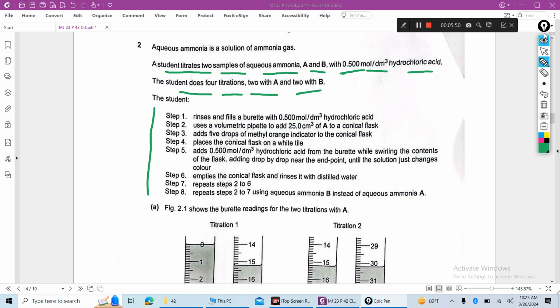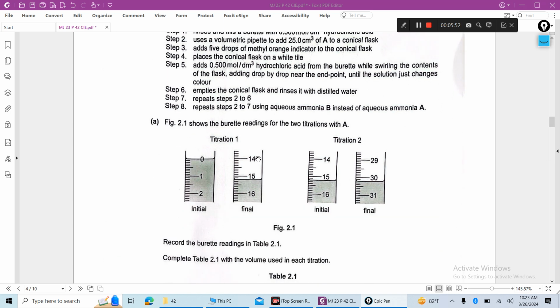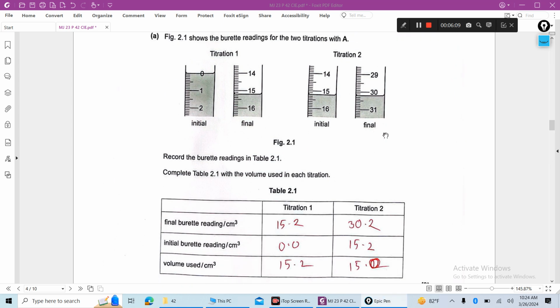Figure 2.1 shows the burette readings for the 2 titrations with A. This is the 2 readings, titration 1, titration 2 with A. Now complete the table with the volume.